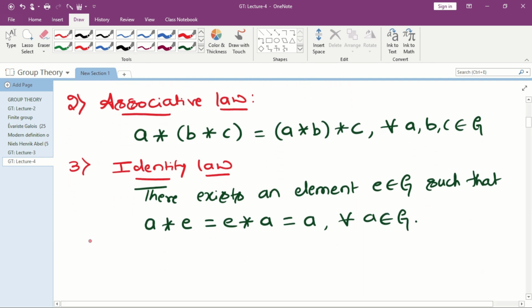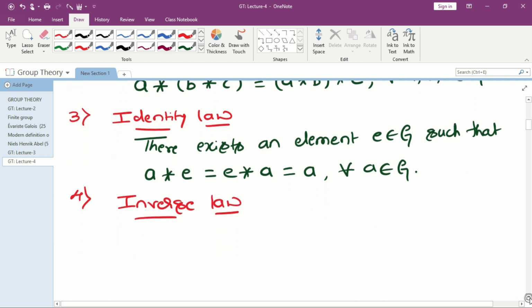The next law is inverse law. So what does inverse law say?